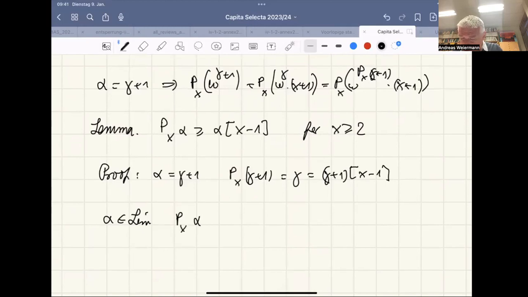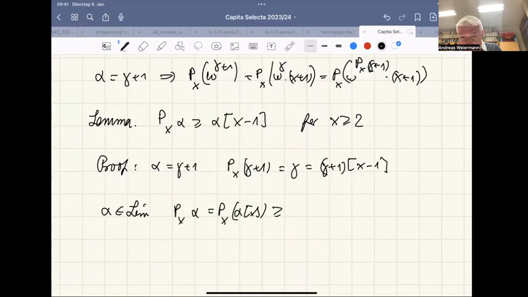Px of alpha is Px of alpha x, by induction hypothesis bigger than alpha x at argument x minus 1. Now I claim that this is bigger than alpha x minus 1.